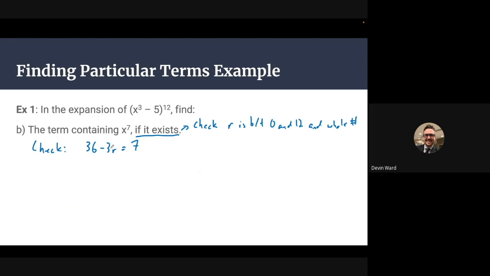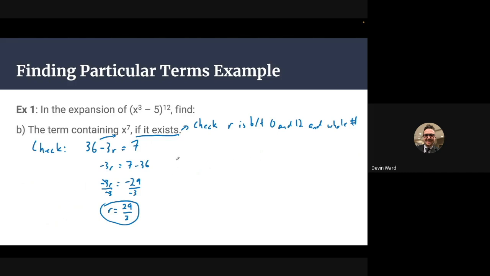Now I just rearrange. I'll bring the 36 over, so I have negative 3r is equal to 7 minus 36. Negative 3r equals negative 29. Divide both sides by negative 3 to cancel that out. The negatives cancel, and we're left with r equal to 29 divided by 3. When you divide it, this is not a whole number.